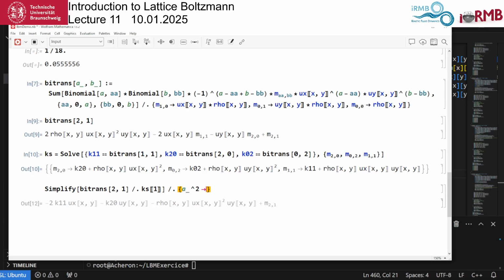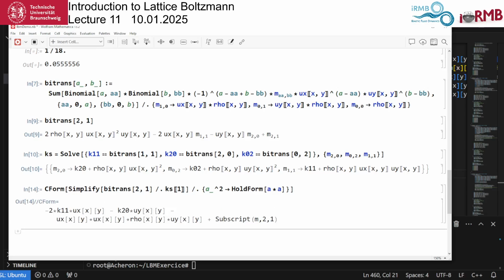We are going to replace this by A times A, right? So in order to split this up. And then we do C form in order to get this in the format that we needed.